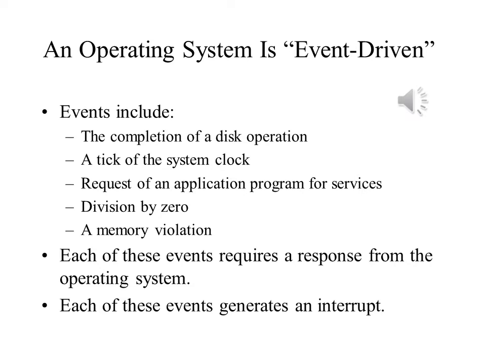All of these events require some action by the operating system, but the actions that it will need to take will be different depending on the particular event that has occurred. Each of these events cause what we call an interrupt, because it will interrupt whatever else the computer may be doing.